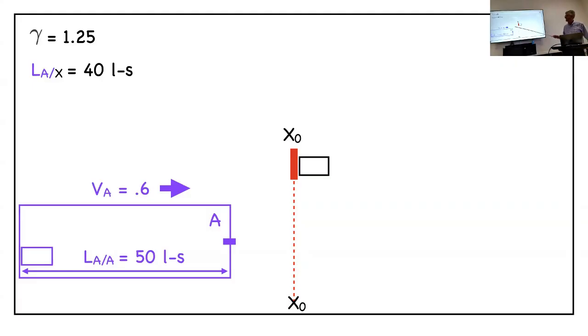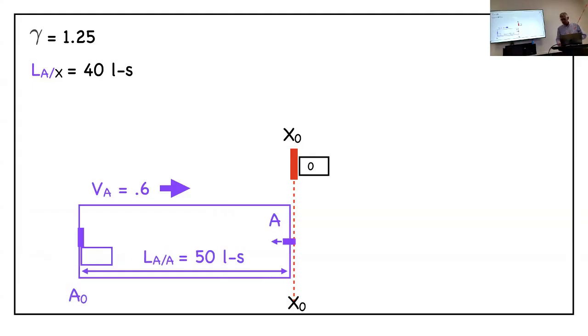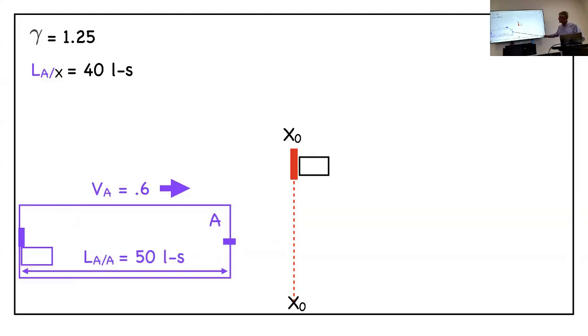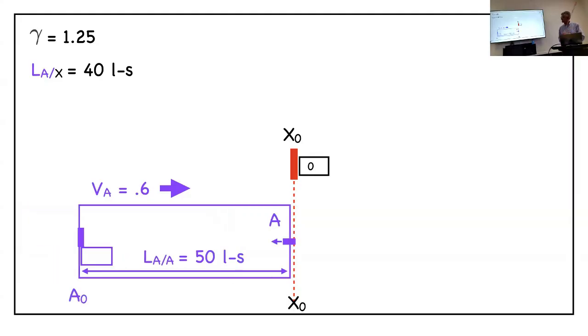Okay. Now A has a purple laser right here at the front, and it's got a sensor back here attached to this digital clock. What happens is, let me go back, this laser has a sensor on it, sticking just out the front of A. And when a red laser beam strikes it, it shoots its purple laser beam towards the back of A. And let's call the back of A, A naught.